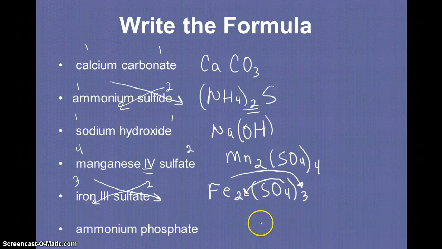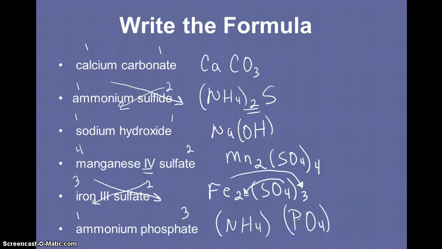Ammonium phosphate. Ammonium has an oxidation state of 1, and phosphate has an oxidation state of 3. So let's give this one a try. Ammonium first, NH4. I'm just going to go ahead and write them just like this, just for kicks again, and we have phosphate.